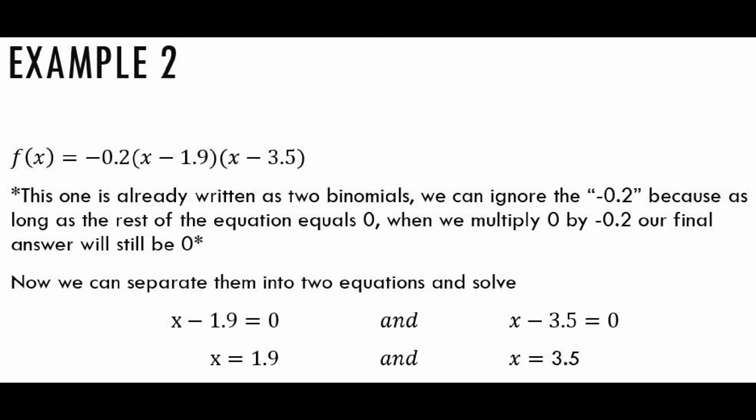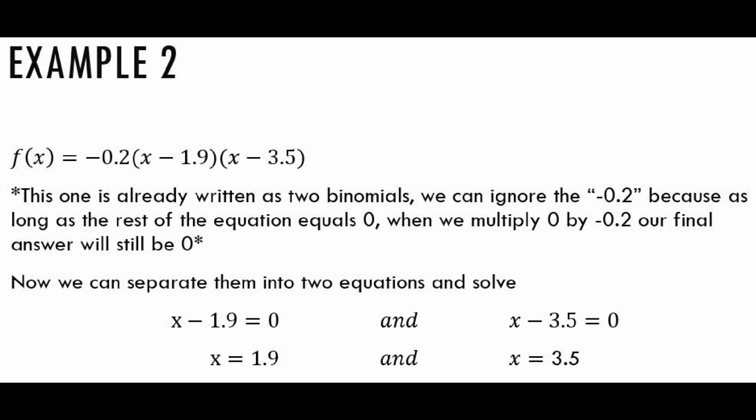Okay, second example. So now we have f of x equals negative 0.2 times x minus 1.9 times x minus 3.5. So even though this looks different, it's still already written as two binomials because we're multiplying. There's no addition or subtraction sign in between our two sets of parentheses.